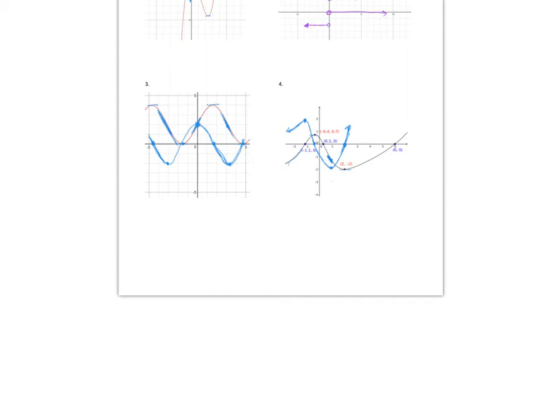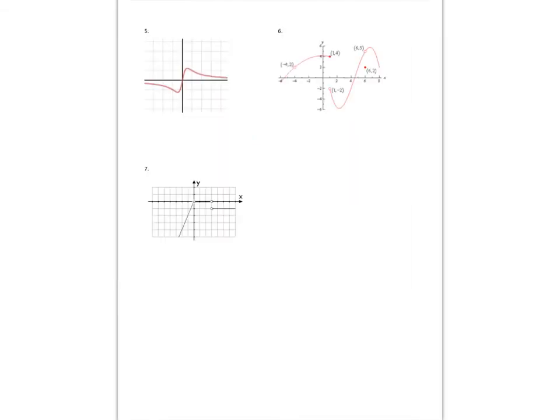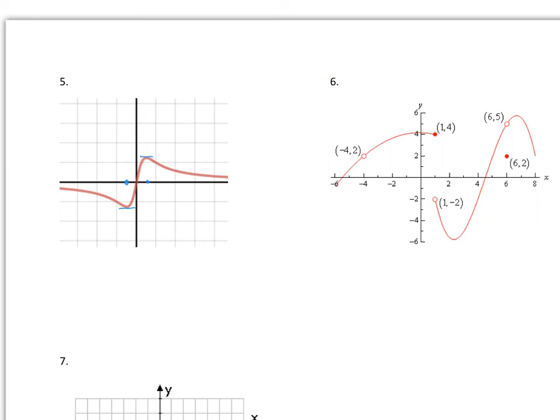Okay, moving on to the next one. Let's take a look at what we got. So for number 5, let's go ahead and take a look at this more in depth. Again, on this one, we've got a horizontal tangent right there. We've got a horizontal tangent right there. Those are our zeros. Now let's see. This slope right here appears to be where it's going to peak in positive value, and it appears to be pretty steep.